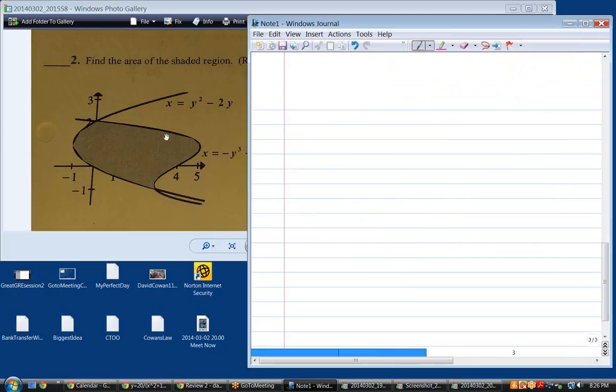Notice that if I wanted to integrate that vertically, I would have to have a function of x, and I can't get it. I can't solve for y as a function of x. So this would be very, very difficult to integrate vertically, but piece of cake to integrate horizontally because both functions were given to us as functions of y.